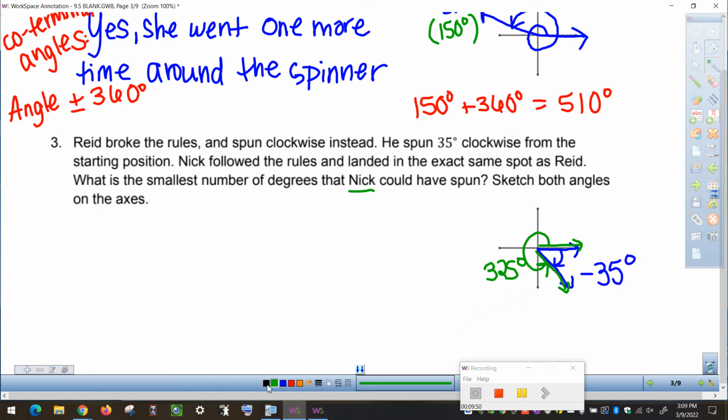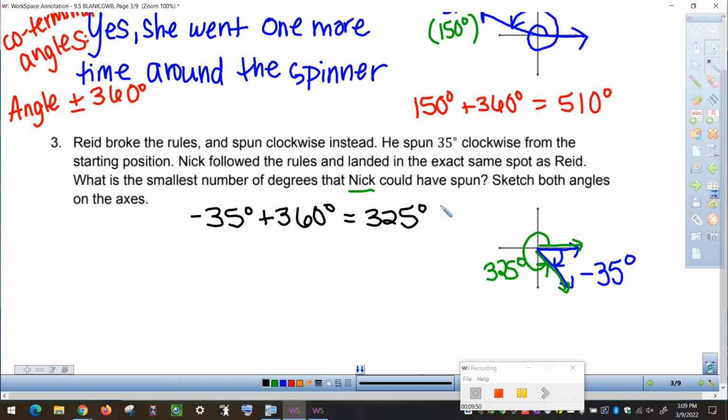I added 360 degrees to the negative 35. Yeah, so that's one way to think about it. So starting with the negative 35 label, really what it is, is finding a coterminal angle again. If we were to add 360 degrees here, it's going to start at this position.